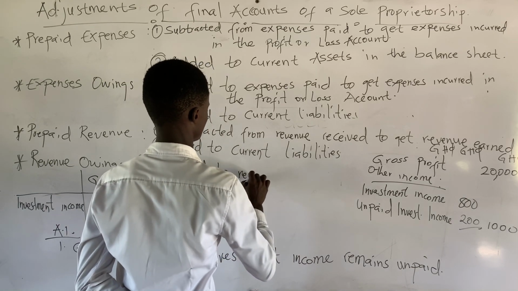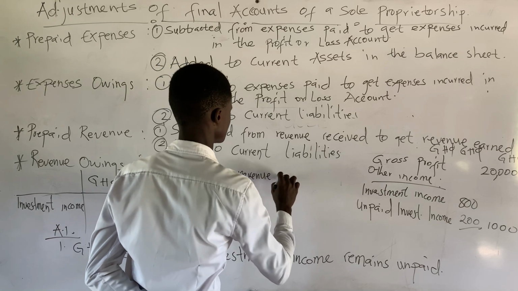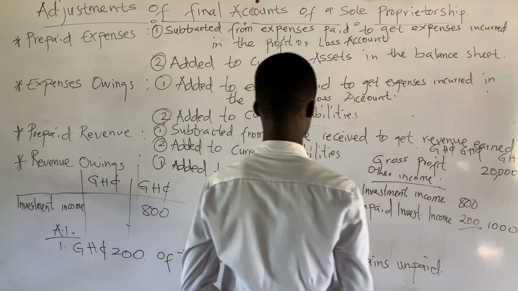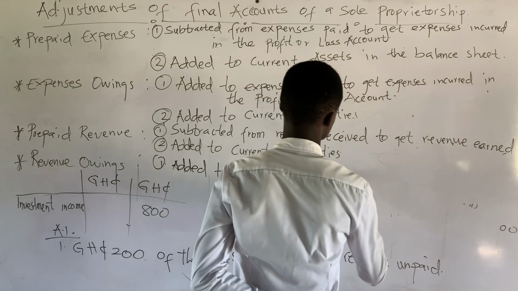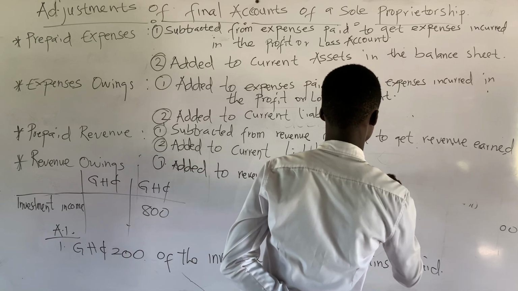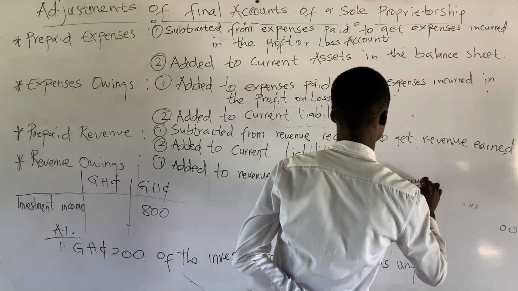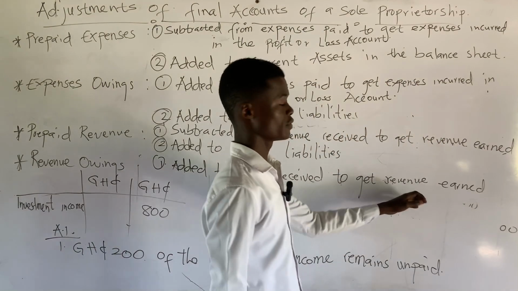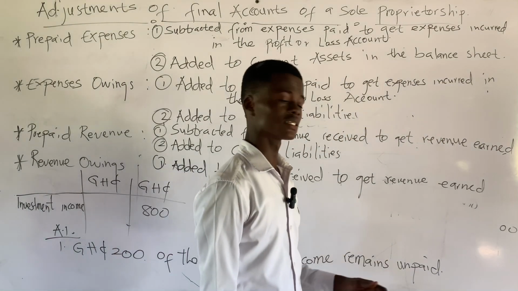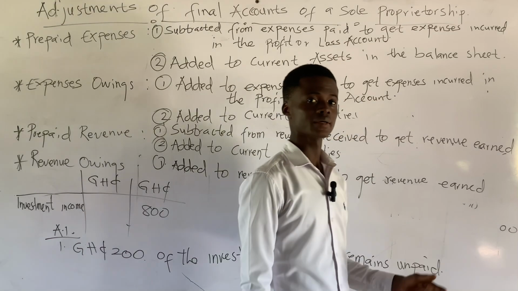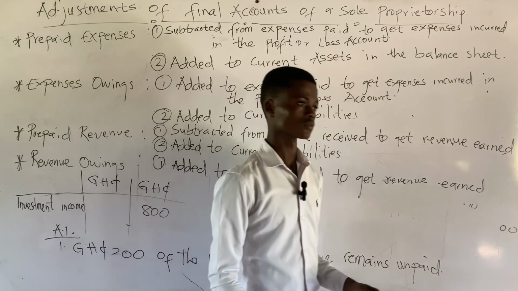So the first treatment is that the unpaid revenue or revenue owings will be added to revenue received to get our revenue earned. And it is this revenue earned that the matching concept says will be matched against our expenses incurred to determine our profit or loss.